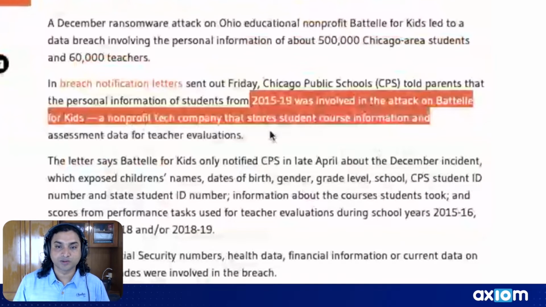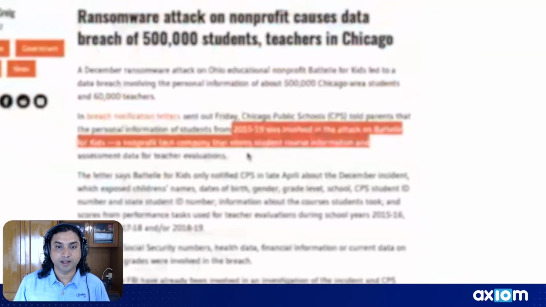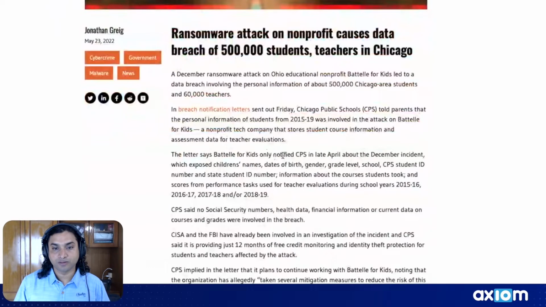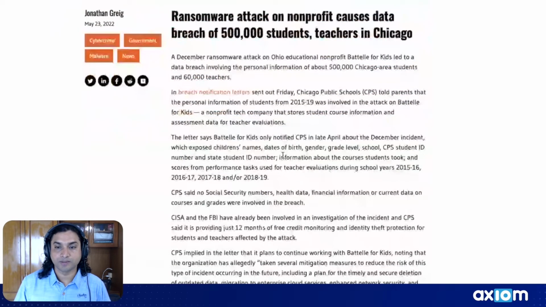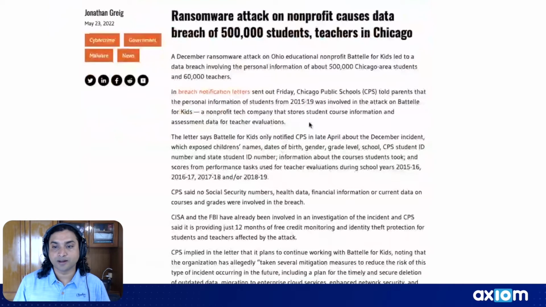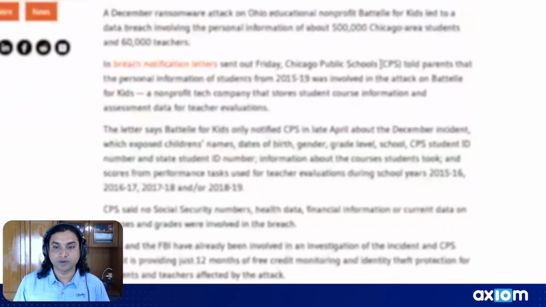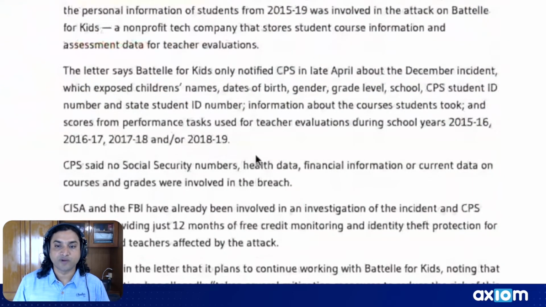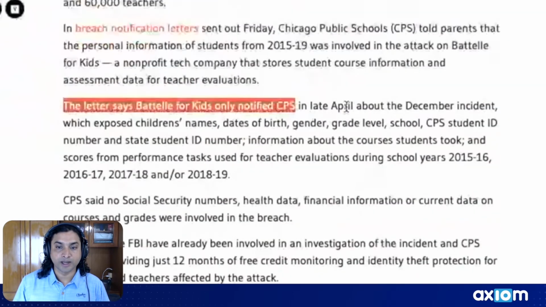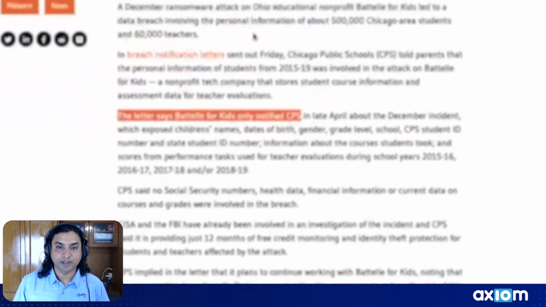It was lost through a vendor called Battle for Kids. It's also a non-profit tech company that basically stores the information of Chicago Public Schools students. They got hacked. Apparently, they got hacked in December, but they notified CPS very late in April, and CPS disclosed it.